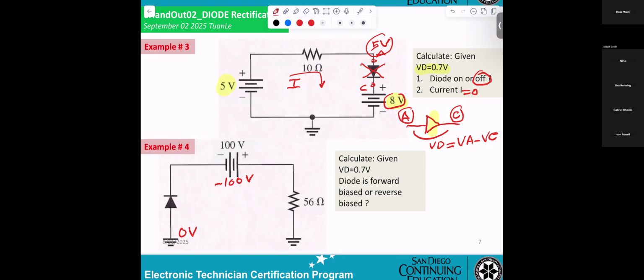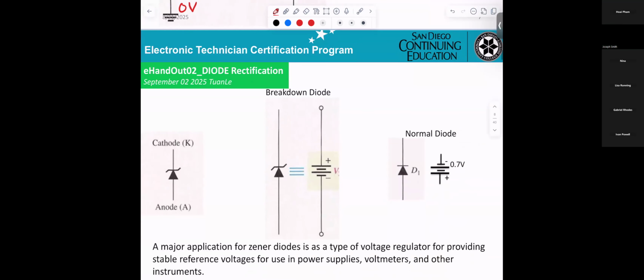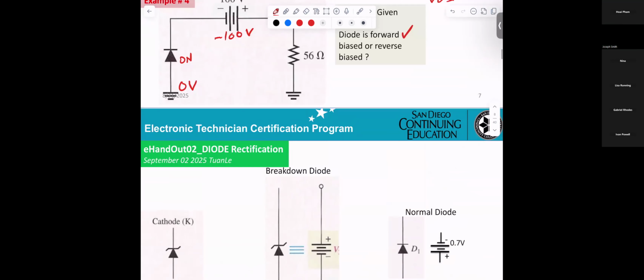So 0 volts is higher than minus 100 volts, so the diode will be on. The diode is forward bias. On means forward bias. Off means reverse bias. That is just for the diode.